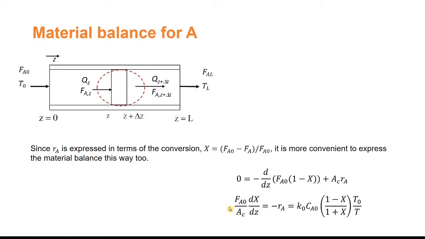You can see that we cannot solve this material balance because we have temperature here, and K naught is also a function of temperature. So we need our energy balance to get an equation for the temperature.